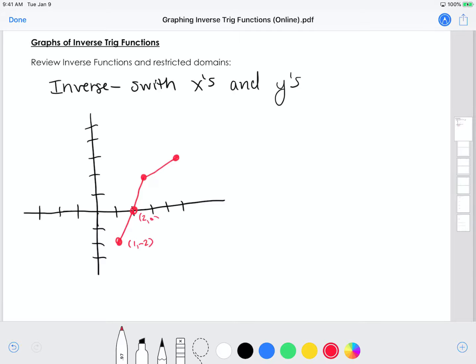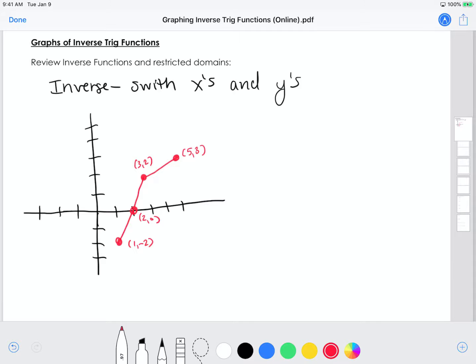This is the point 2, 0. This is the point 3, 2. And this is the point 5, 3. If I asked you to find the inverse of this function, literally what you are going to do is switch the x and the y coordinates and then regraph those points.